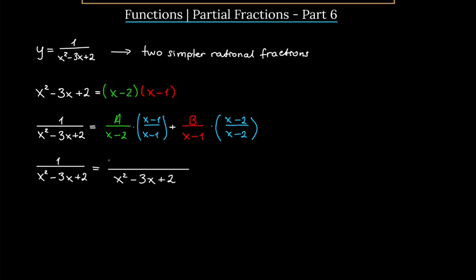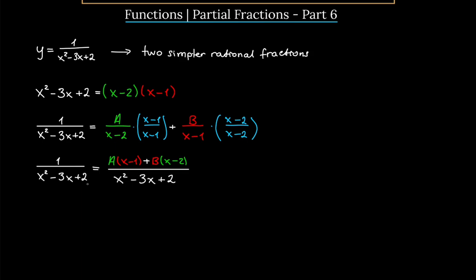What happens now is we have a times the x minus 1 plus b multiplied by the x minus 2. The denominators are now combined and the same as the left-hand side.